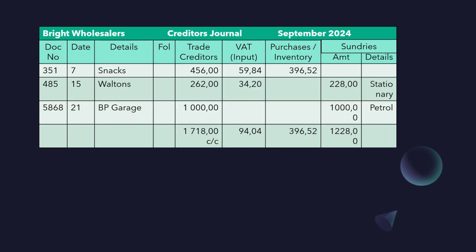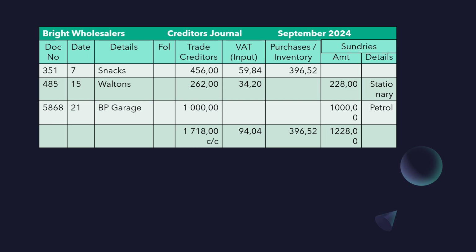At the end of the month, all the columns in the Creditors Journal are added up vertically. To double check that you've calculated this correctly, we can always crosscast horizontally and vertically.